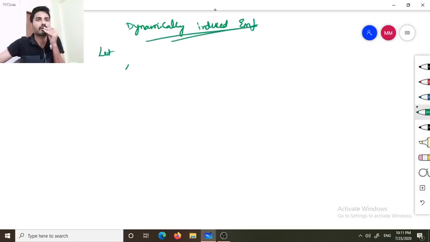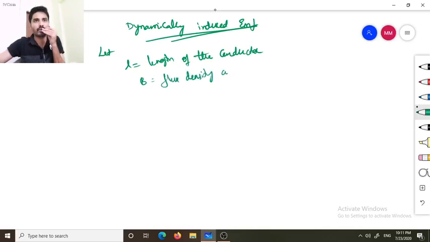Let L be the length of the conductor, B the flux density around the conductor, and V the velocity by which the conductor is moving.